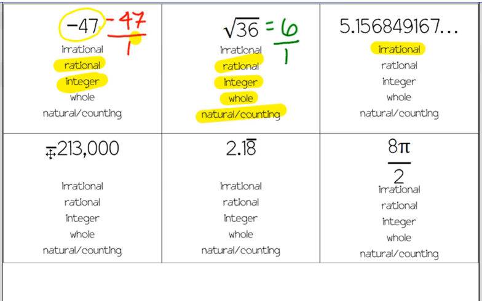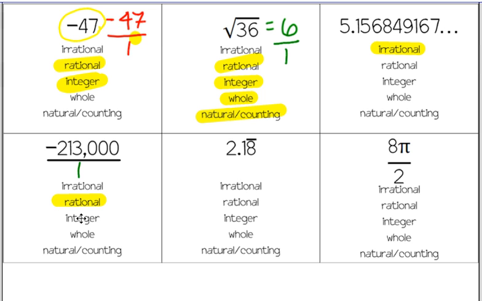If we had negative 213,000, we could write this as a ratio of negative 213,000 over 1. So then that would mean that this would be a rational number. And then we would need to see, is it an integer?